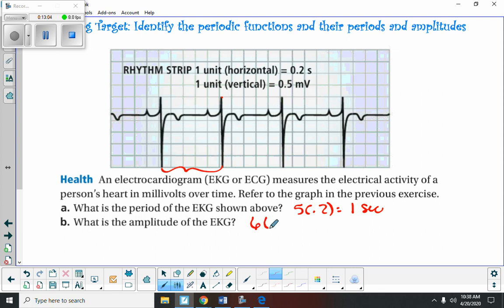So it's 6 times 0.5, which is 3. So this is 3 millivolts. And we want to take half of that because the amplitude is half of it, all right? So you divide it by 2 and you get 1.5 millivolts.